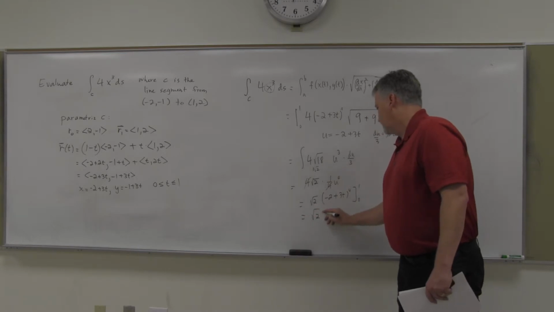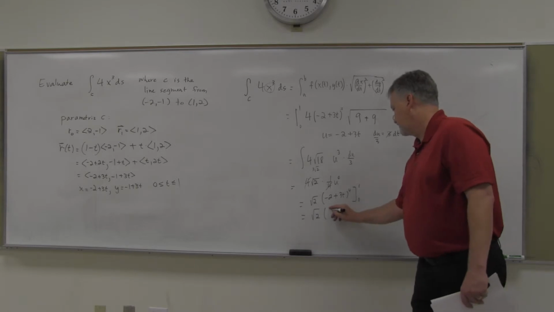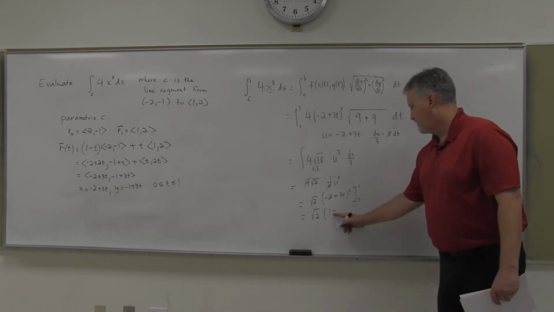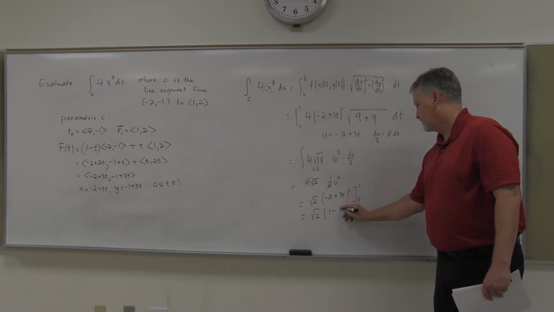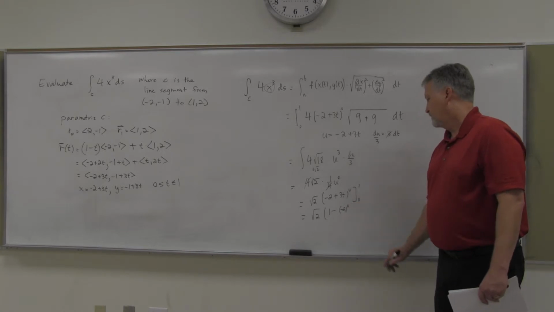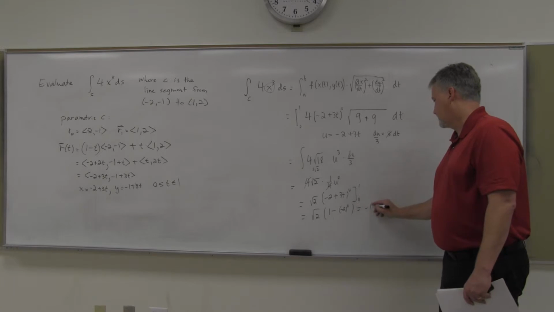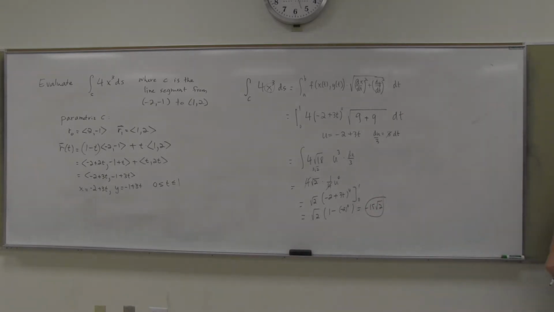So you get the square root of 2 times: negative 2 plus 3 is 1, so 1 to the 4th, minus negative 2 to the 4th, which is 16. So you get negative 15 square root of 2. Is that all right? That's what I got before, so we're okay there.